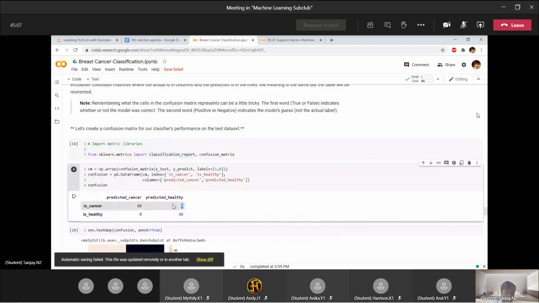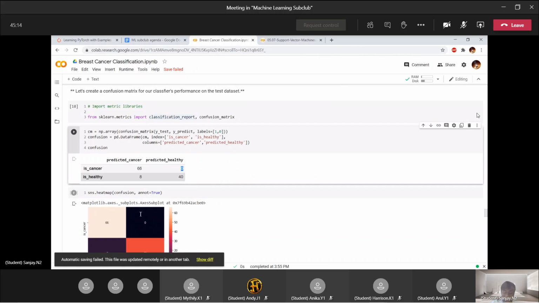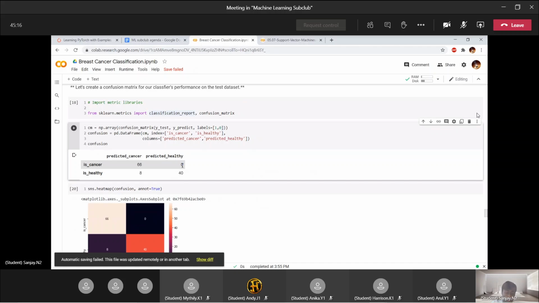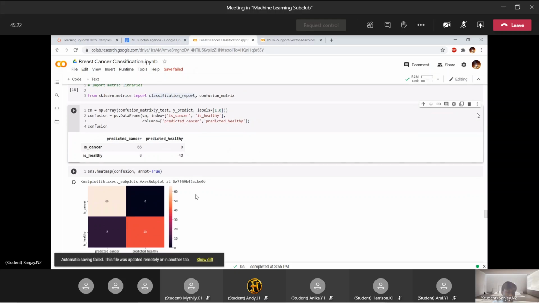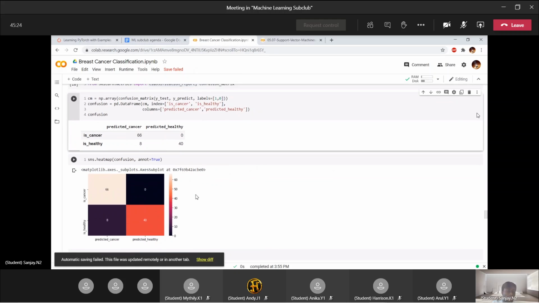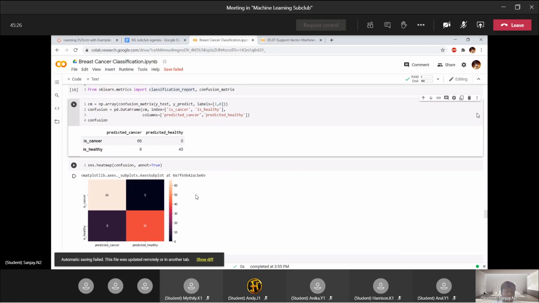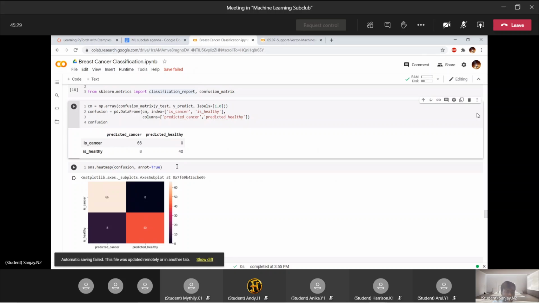We had 0 false positives, and then we had some false negatives. But generally, having false positives is a bigger problem, especially with secondary screening tests. So this algorithm isn't doing too bad.